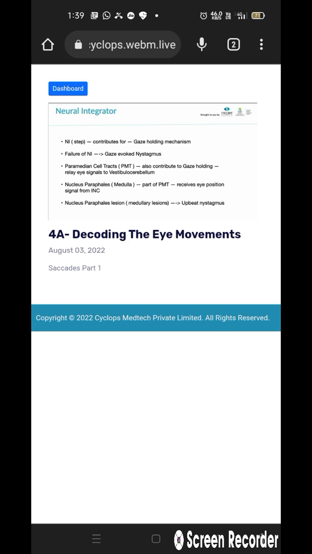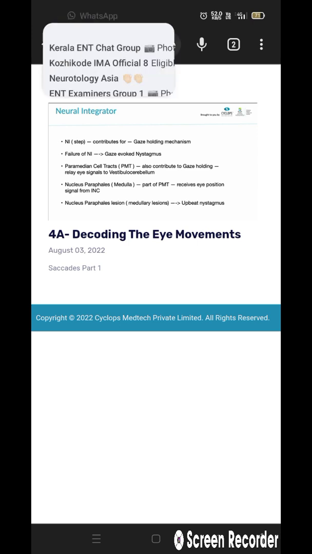And there is another point here: nucleus paraphilis lesions also involve the ventral tegmental tract pathway for the upward VOR, which is mediated by the superior canal, leading to a downward vestibular bias, and the eye will be pulled down, thereby giving rise to upbeat nystagmus.